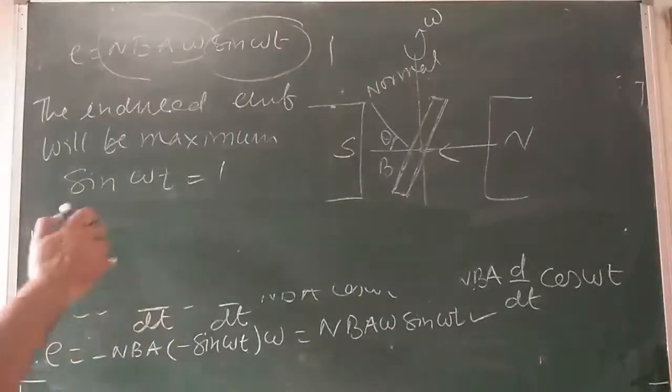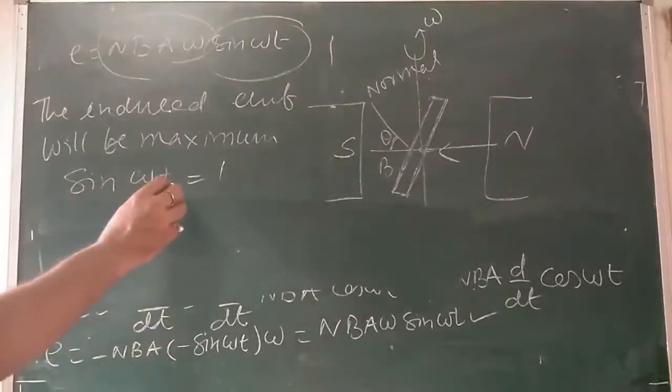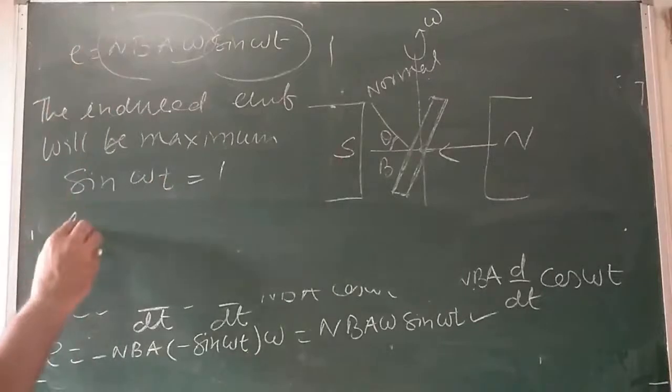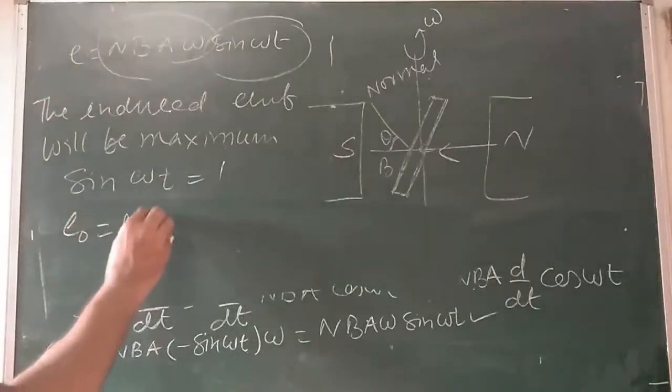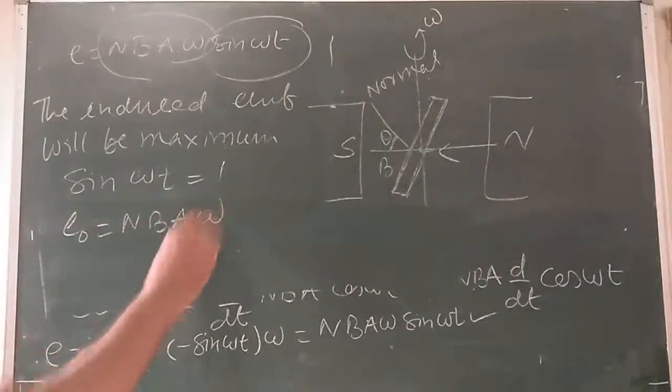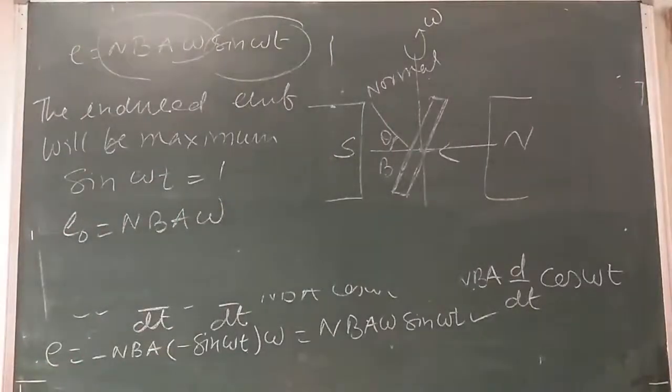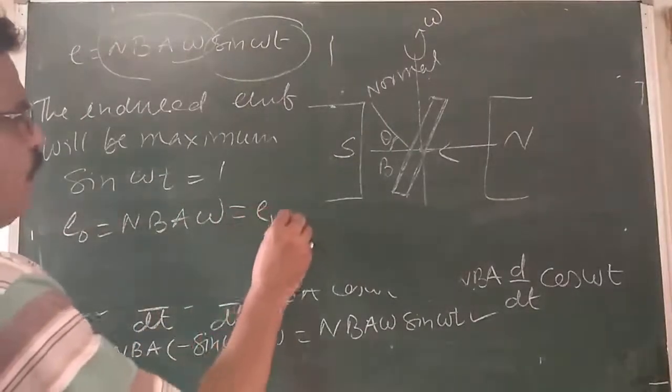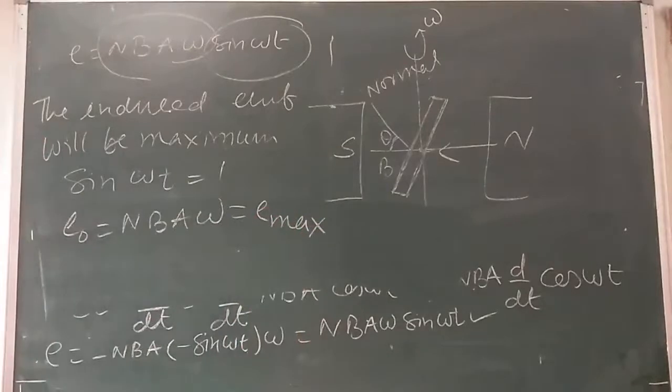So I can say here sin omega t is equal to 1. So I can write E naught, this is the peak value of EMF, NBA omega. This is the maximum value of induced EMF.